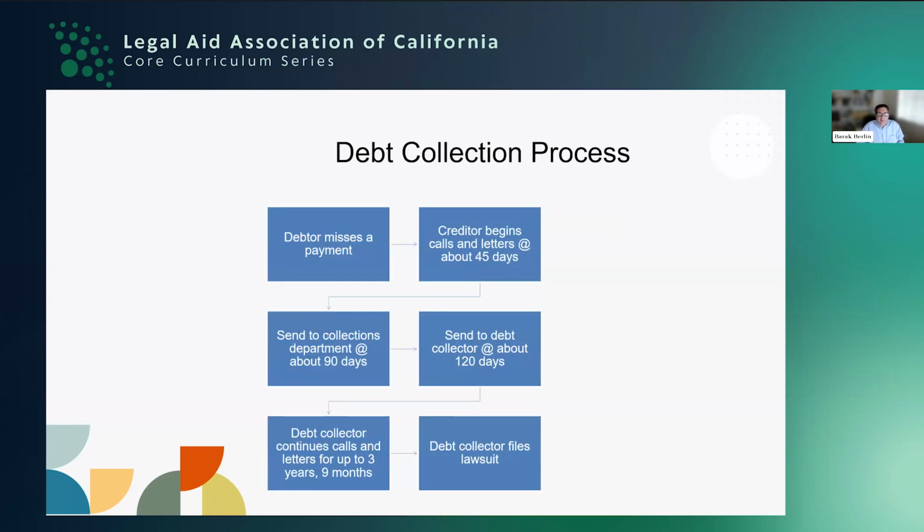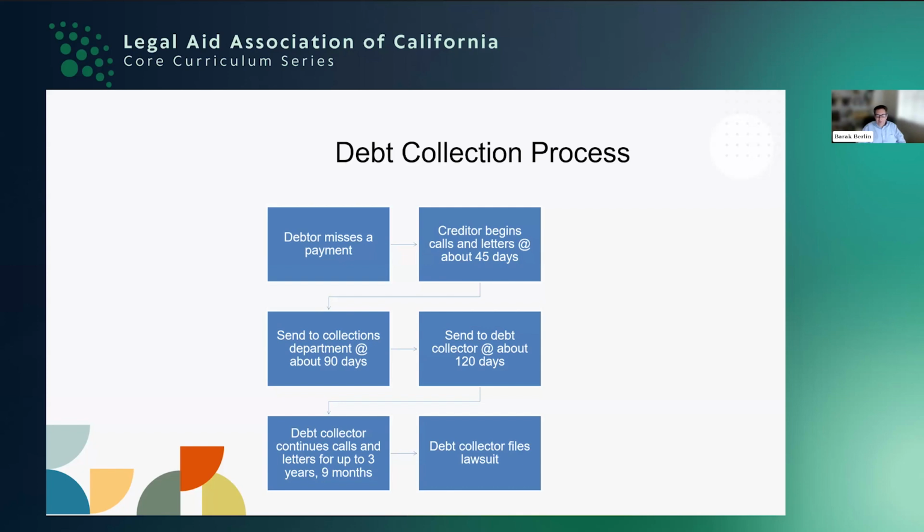So this, like I said, is the chronology of the debt collection process. First thing, of course, is the consumer debtor misses a payment, and Chase, Wells Fargo, whoever, they don't like that. They want to get their money, and so they're going to do different things. They're going to start sending out letters. They're going to possibly make some phone calls and do what they can to essentially harass the consumer to try and get them to make the payments.